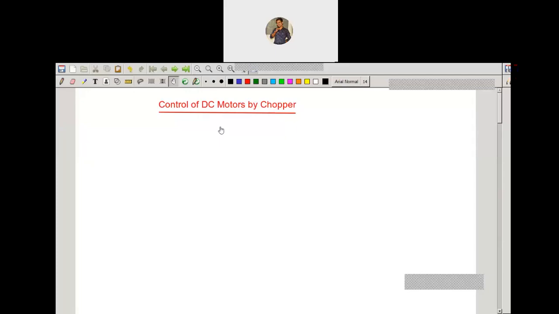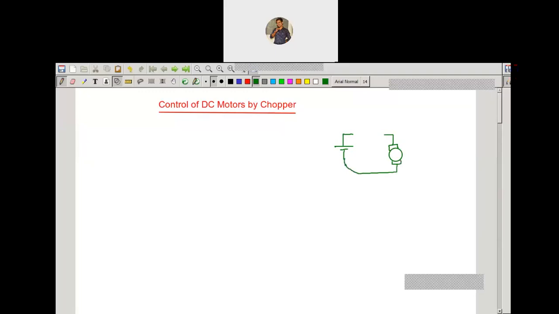For example, you are given a DC source. This DC voltage has to be given to the motor, that is, it has to drive the DC drive, right?